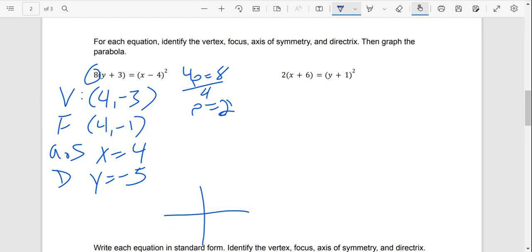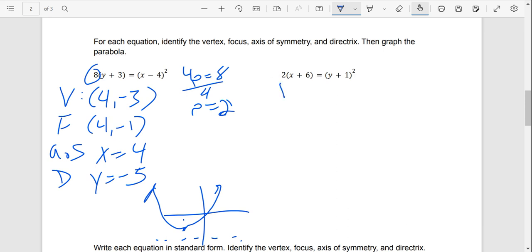So we got (4, -3), then 2 above is your focus, directrix 2 below, and it's facing up. There we go. Beautiful.